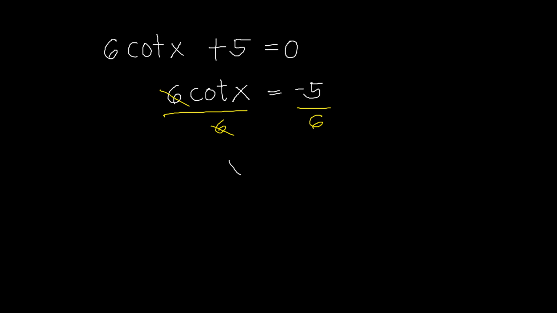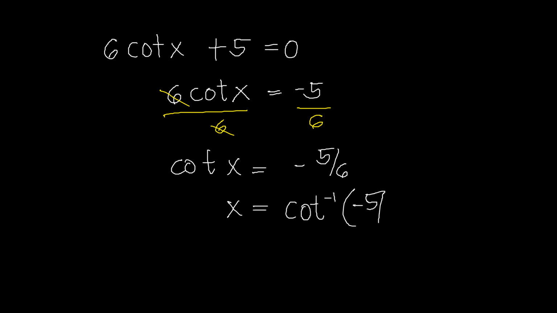Therefore, cotangent x is equal to negative 5 over 6. Now we're ready to solve for x. So x is equal to arc cotangent of negative 5 over 6, which is also equal to arc tangent of the reciprocal of negative 5 over 6, which is negative 6 over 5.